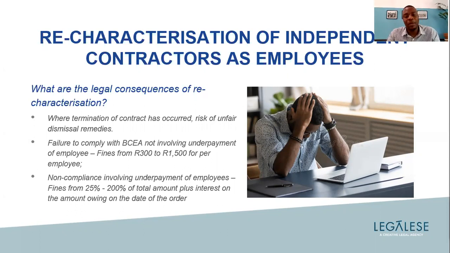But if the non-compliance does involve the underpayment of those employees, you might be liable to fines between 25% to 200% of the total amount, plus interest on the amount owing on the date when the order is given.